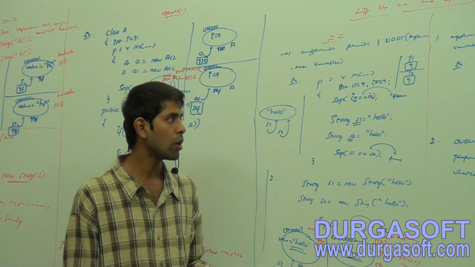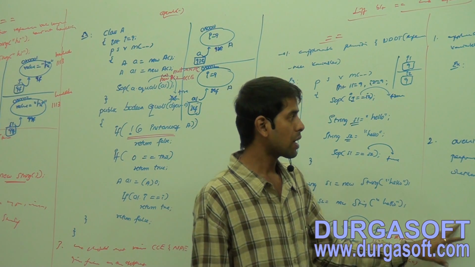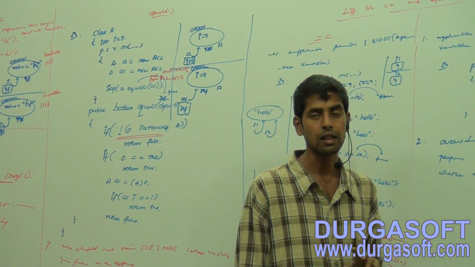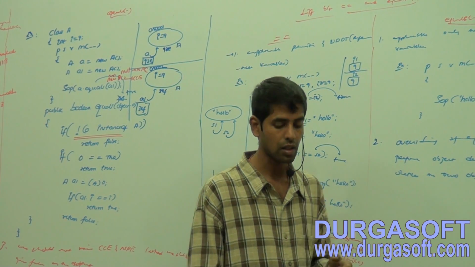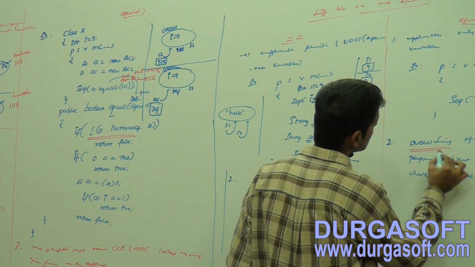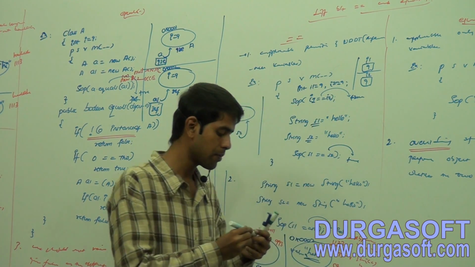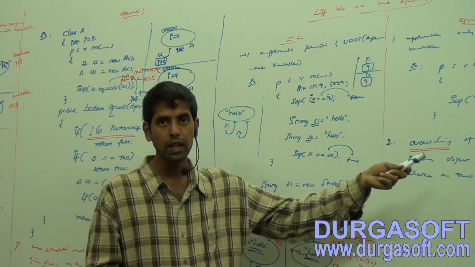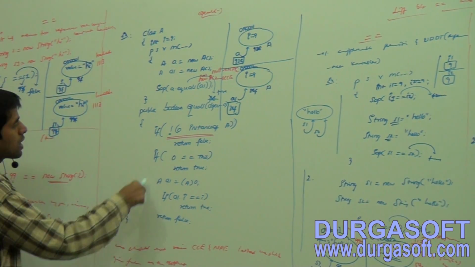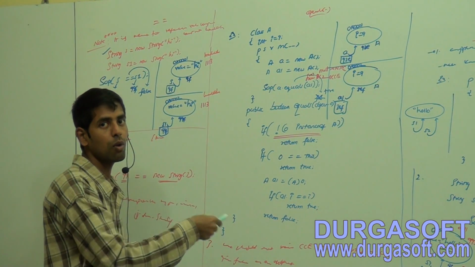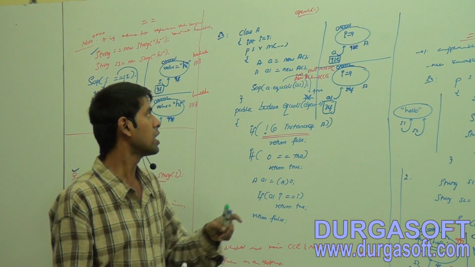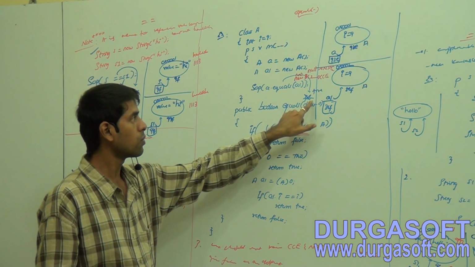You override this particular equals method to write this logic and perform object data comparison. If you are not overriding, what happens? Then the equals method for this class will give false.